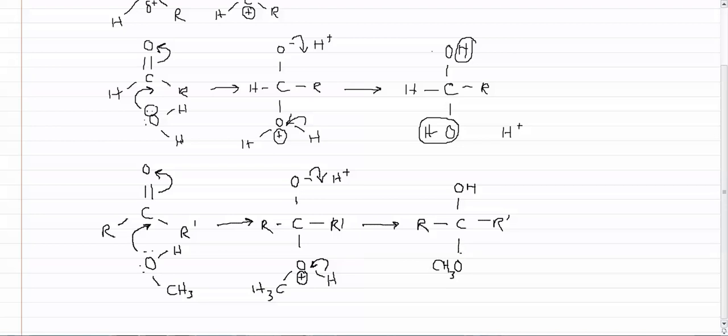So you have part of it, the CH3O there, and we have the H here. So taken together we have CH3OH, and that's the alcohol that acted as the incoming nucleophile. And the product of this reaction is called a hemiketal. So the outcome of the addition of an alcohol to a ketone is called a hemiketal.